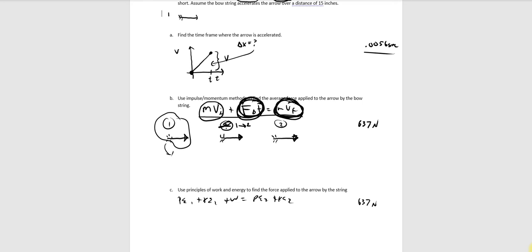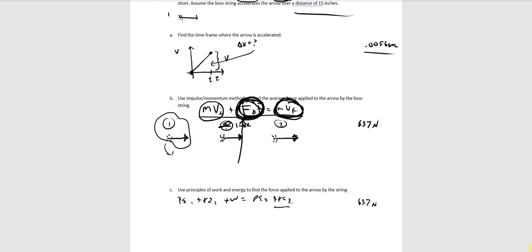Then you have to decide how to take this force right here into account. I would just use a work term. The work done on the arrow is the force, whatever force the string applies to the arrow, times some sort of distance. And that was given at the end of the problem there. And then equals your KE2 term.